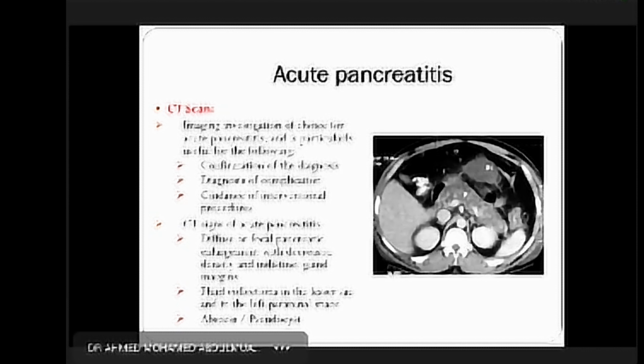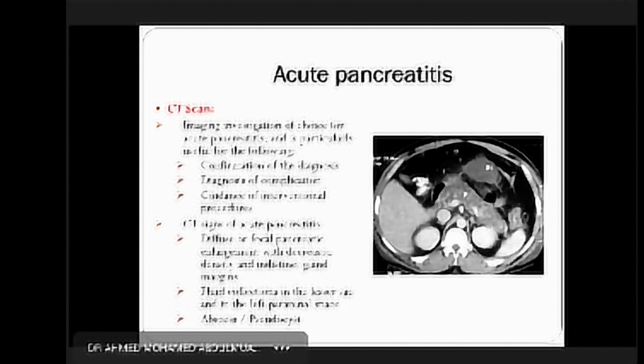Then there will be a diffuse or focal increase in the size of the pancreas, as well as a decrease in the attenuation of the pancreas, and sometimes also blurring of the margin of the pancreas. And fluid collection can be seen in the lesser sac, or sometimes we can see it in the left pararenal space.